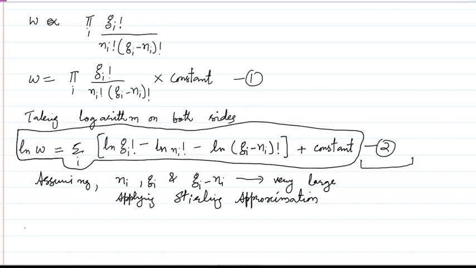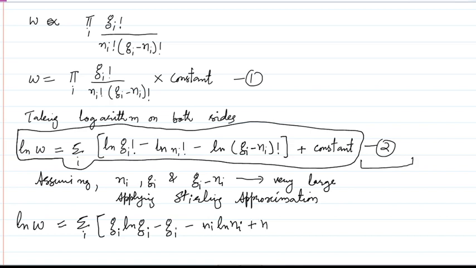We will get ln of W equal to the summation, which remains as such, of Gi ln Gi minus Gi, from the Stirling approximation. Similarly, minus Ni ln Ni minus Ni, but since the minus is outside it becomes plus Ni.